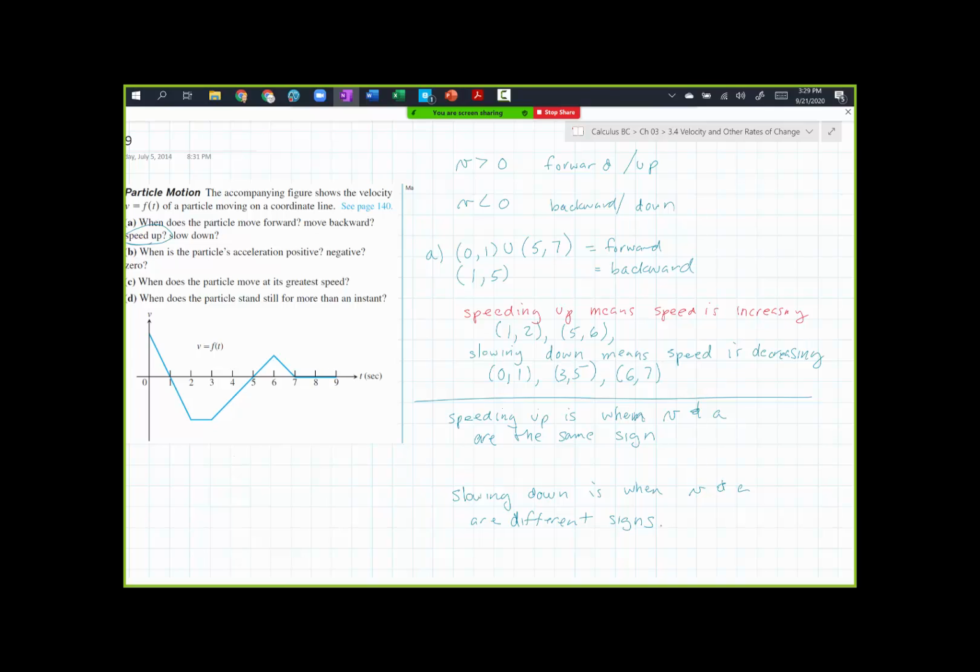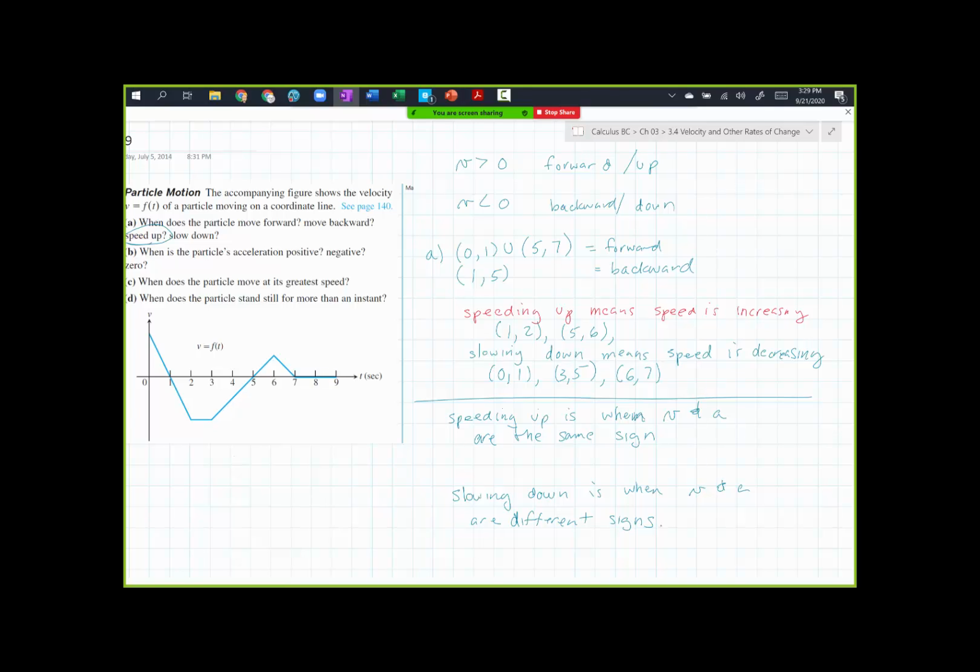It's speeding up. On the upward side, velocity is going up, but acceleration is down, those two things are working against each other, and that's why it slows down. On the other side, velocity is going down, acceleration is going down, and that's why it's speeding up.